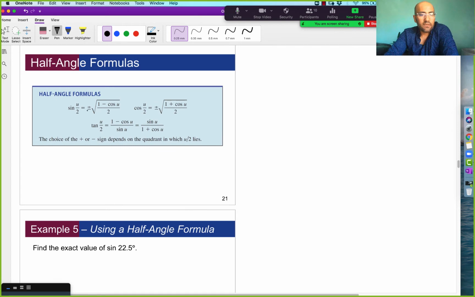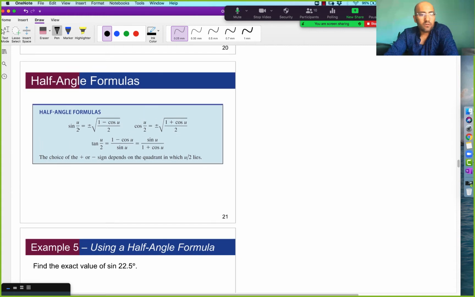Again, these are derived from our prior results. So we just established that cosine squared x is equal to 1 plus cosine 2x all over 2, right?